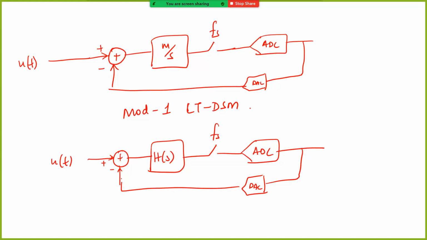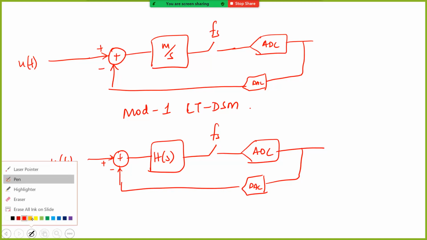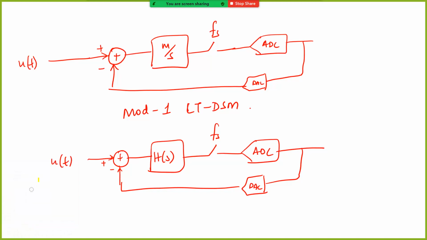Now what we see here is that this whole part is purely analog. The summer is an analog summer. It's not a discrete time summer. It is a continuous time analog summer, and it is a continuous time h of s.